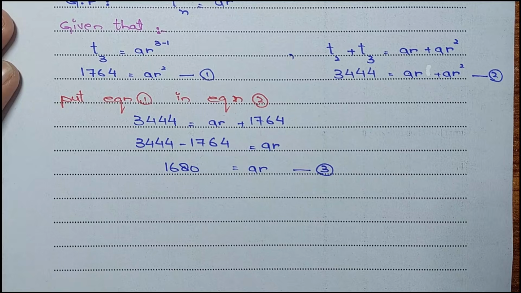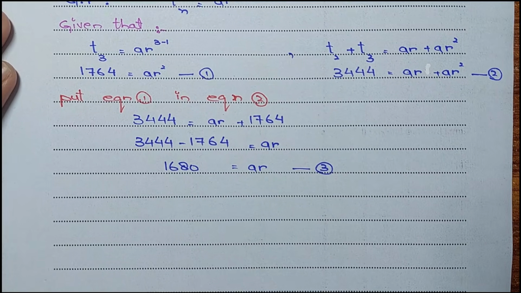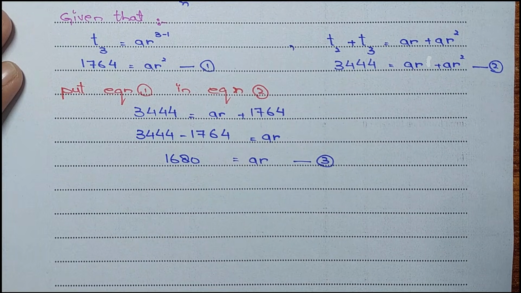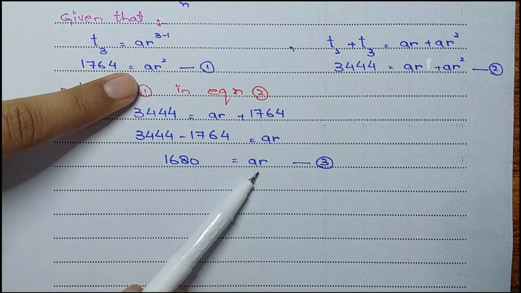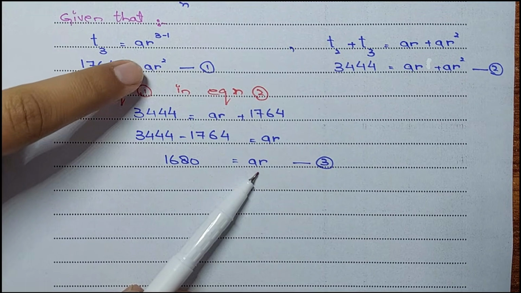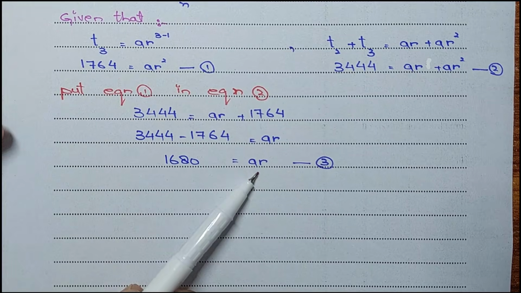We can divide both of the equations, or you can say ar² would be ar into r, and put the value of ar.